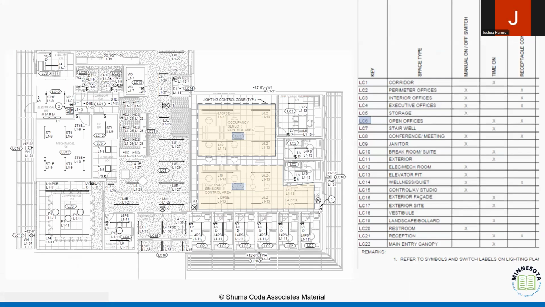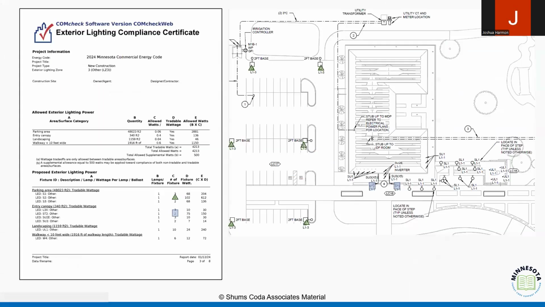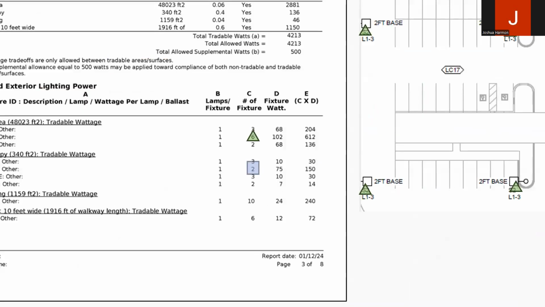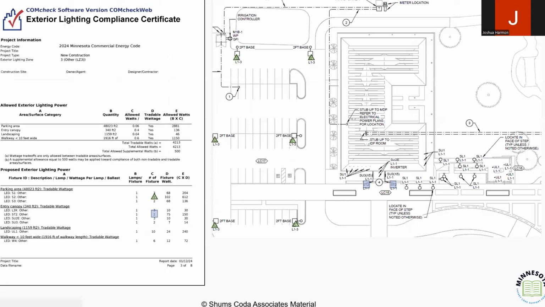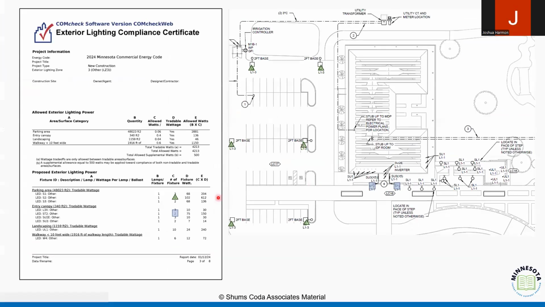We'll talk more about the interior and exterior lighting. Some different items are identified. Here are some pole lights. It tells me there are 6. Sure enough, there are 6. It tells me there are 2 of these little blue lights, and there are 2 blue lights at these entrances. So I can verify that what's on the plan matches what's in the COMCheck throughout this process.